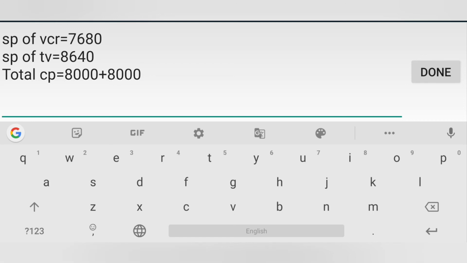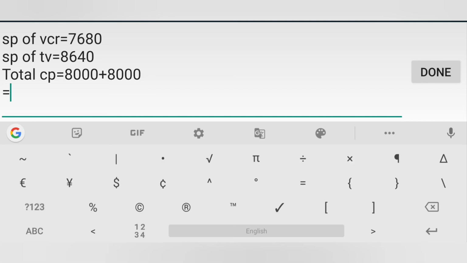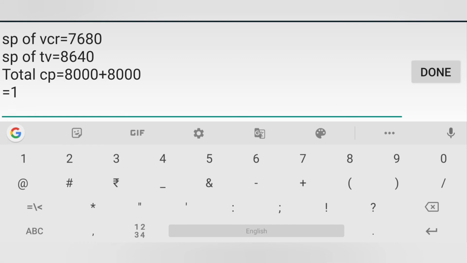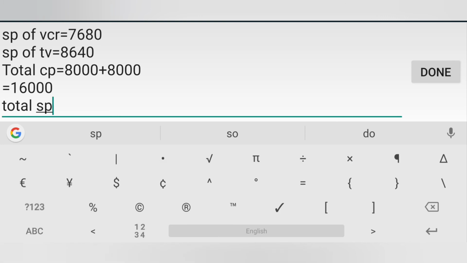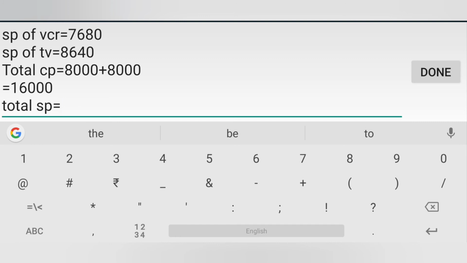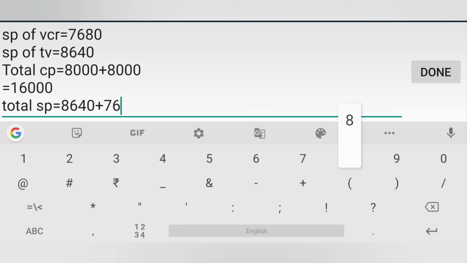So total CP is 8000 plus 8000, because the CP of both the things is 8000. So it will be 16,000. Then the total SP will be 7680 plus 8640. That is the SP that we had got earlier.